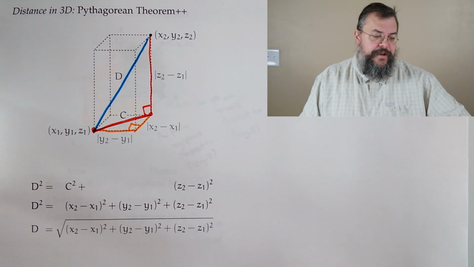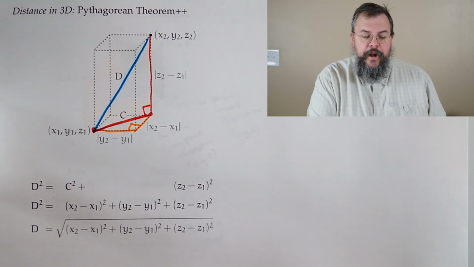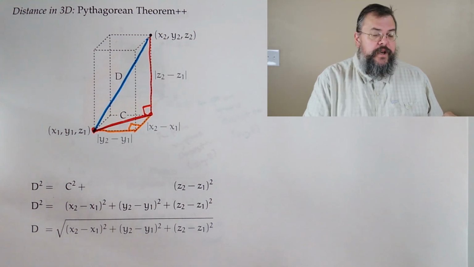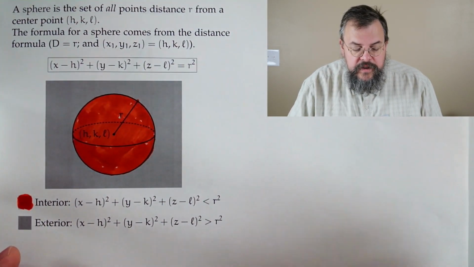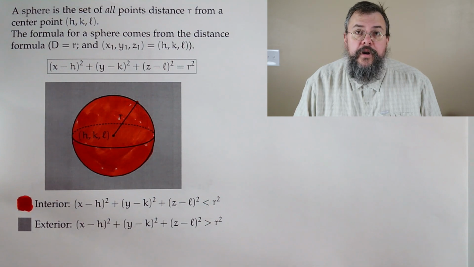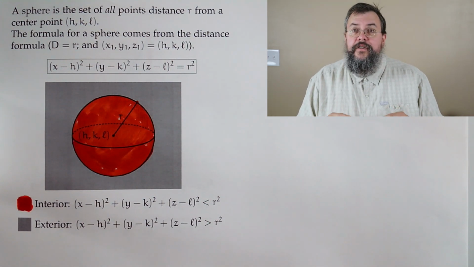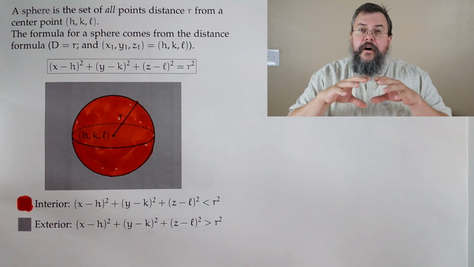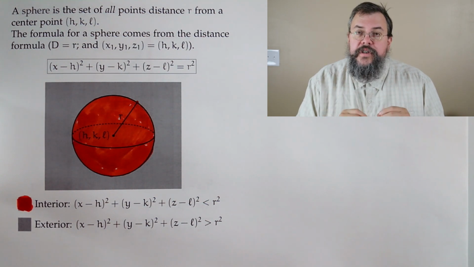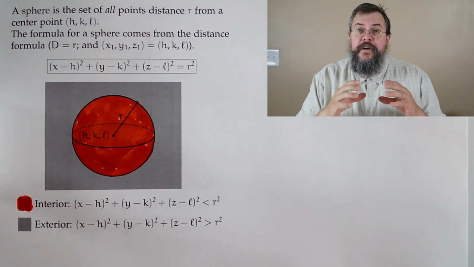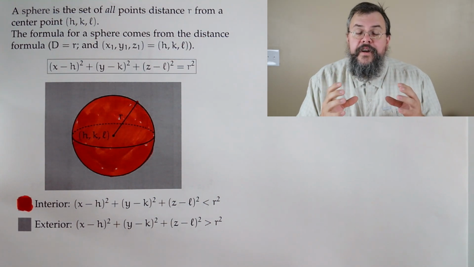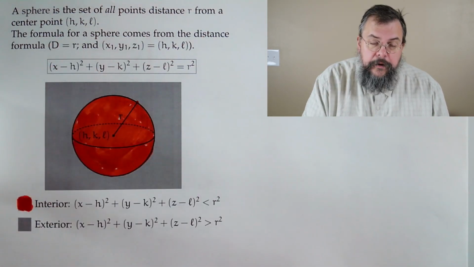All right, one more topic before we finish up today. Now that we have distance, we can talk about something really nice, which are called spheres. So what's a sphere? Well, the definition is that a sphere is the set of all the points which are distance some number r, we call that the radius, from a central point, the center. And so that's h, k, l.